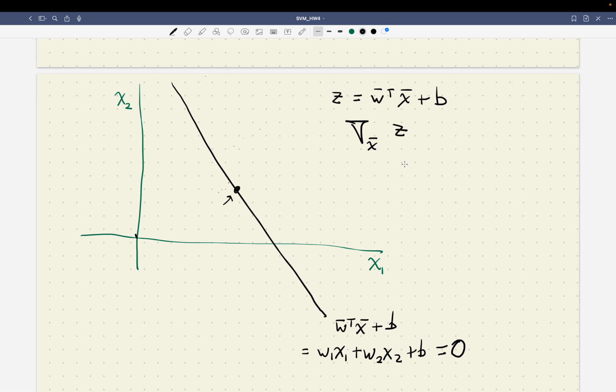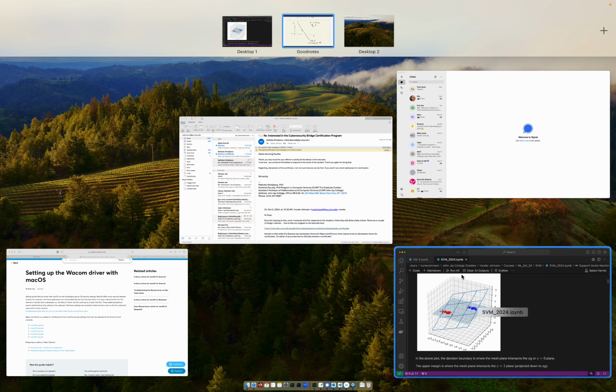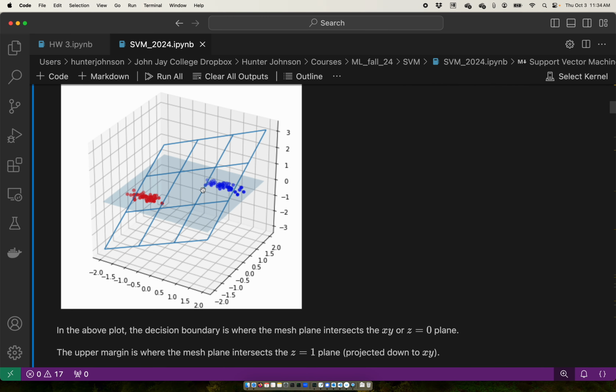So if I look at the gradient of this with respect to x, let's come back to this picture here. We've got a little point anywhere, and we want to know what the gradient is. That's the slope of this surface. It's the direction of maximum increase for this surface, and the magnitude of the gradient is its steepness.